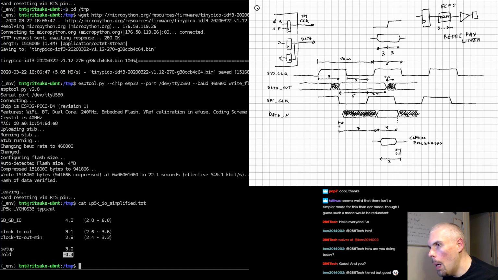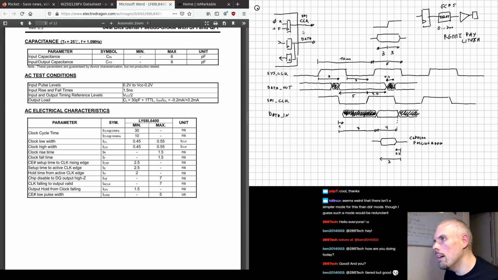Now, I don't know if you remember the datasheet. I mean, that was not so long ago. It was like 10 minutes ago. But I kind of rounded down the 1.5 nanoseconds to 1 nanosecond because I figured that wouldn't make that much of a difference. But it turns out that it actually does.